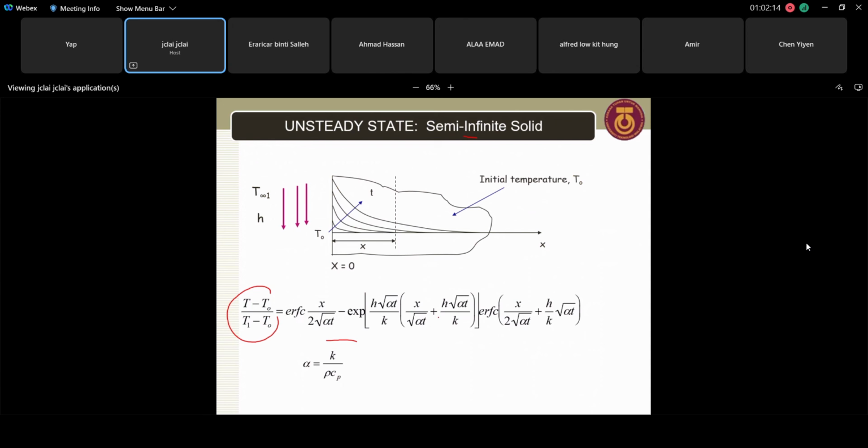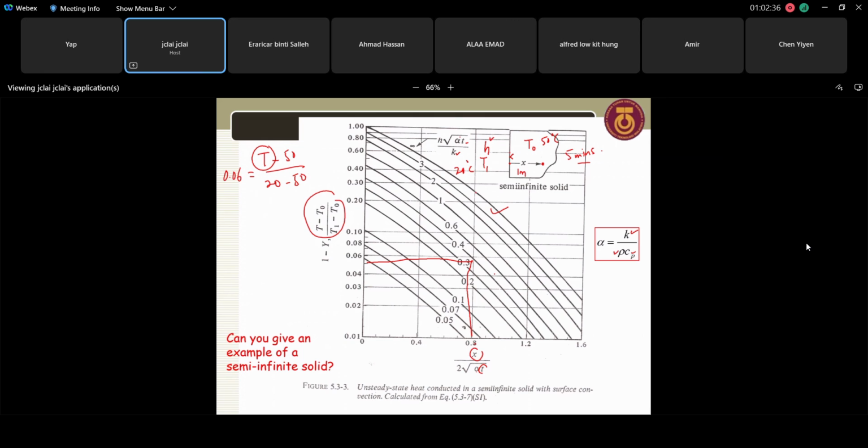You can also use this formula to determine it, but it's very long, so you need to refer to many different tables. It is a complicated, very tedious calculation. That's why scientists came out with the graph, an easier and faster way for you to determine the Y.